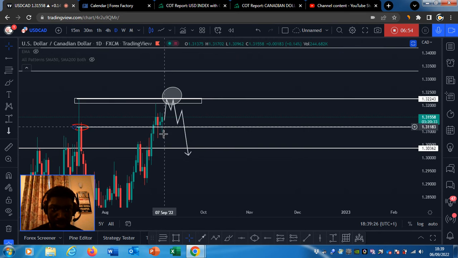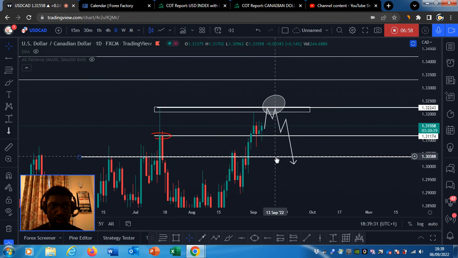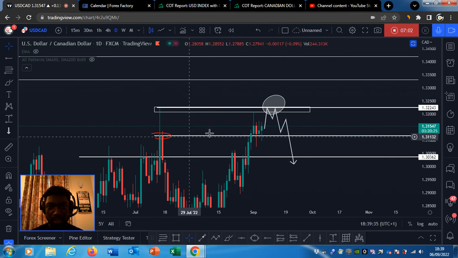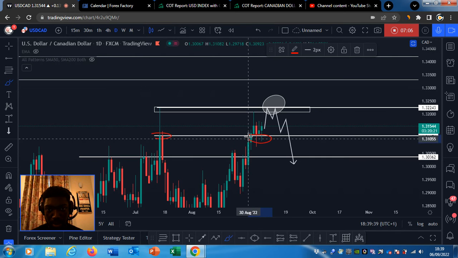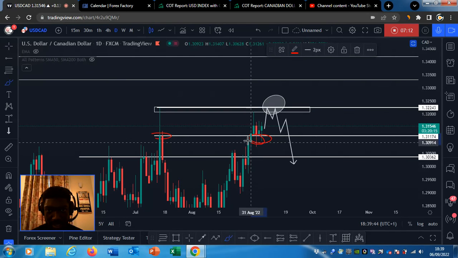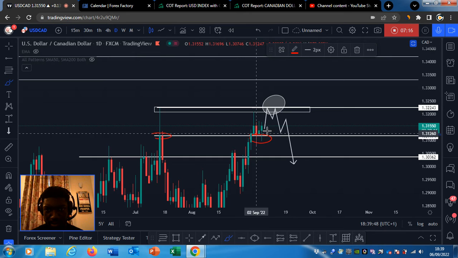So far we are in a bullish cycle. We are in a bullish market for USD CAD, due to the fact that we've seen price form a bullish continuation pattern here, with the weak bearish candle failing to break past this price level and forming a bullish continuation candle.